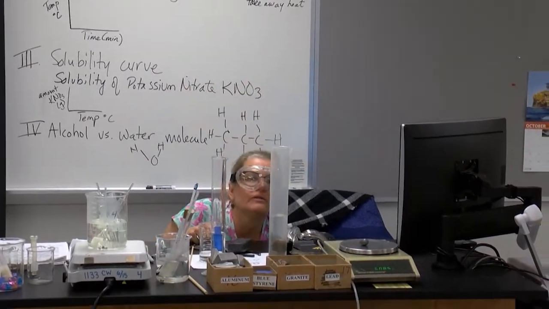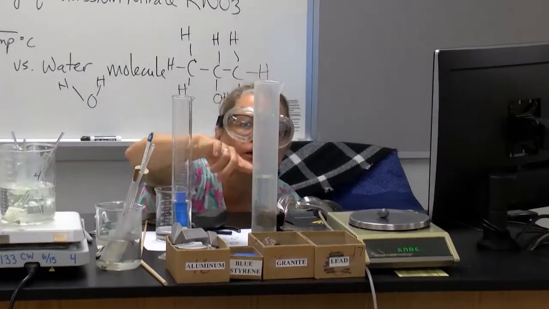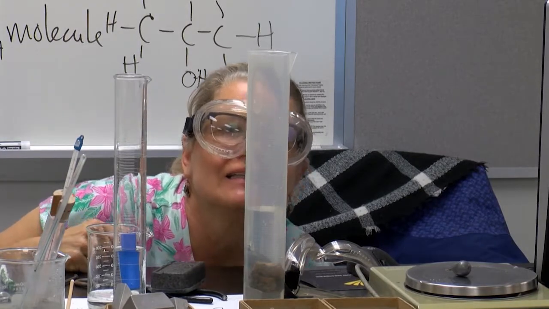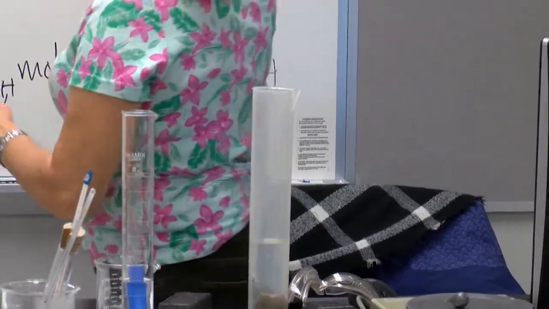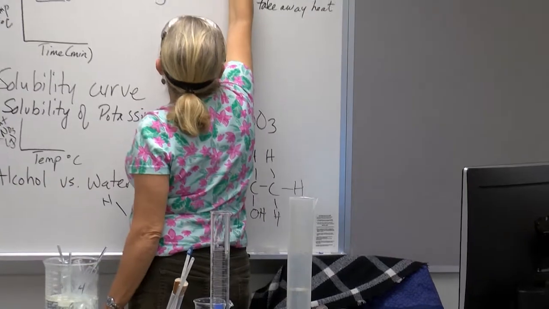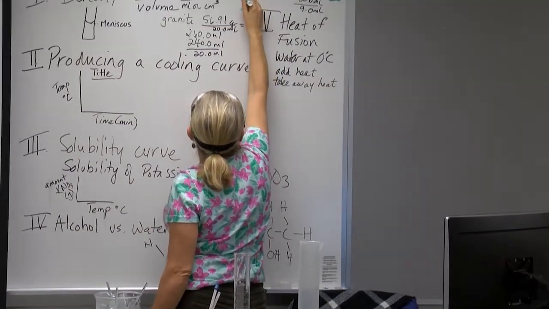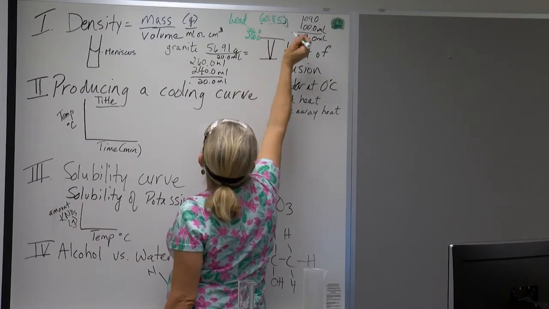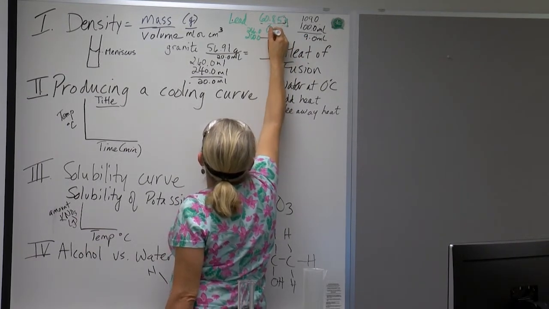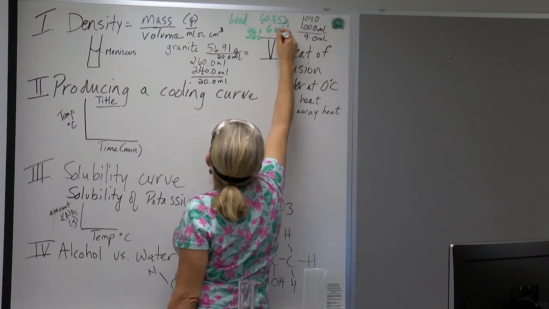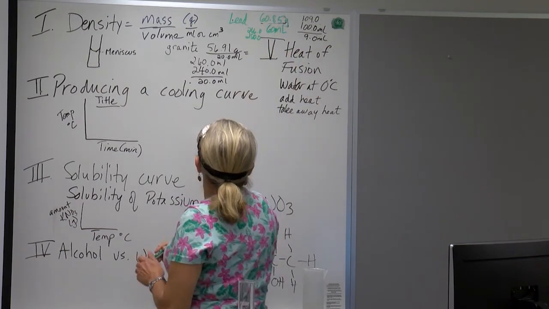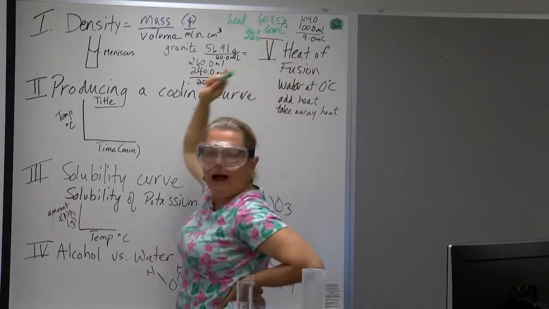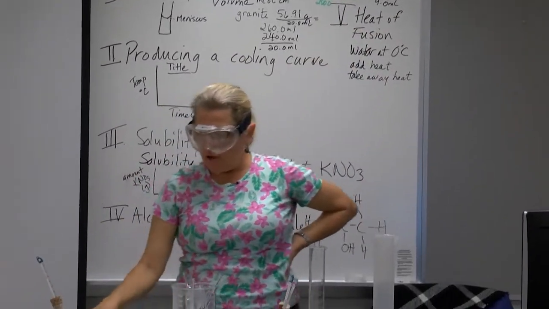We went from 260 to 266. So the original was 260.0, we went to 266.0, and so this lead displaces 6.0 milliliters. How many sig figs should be in your answer?